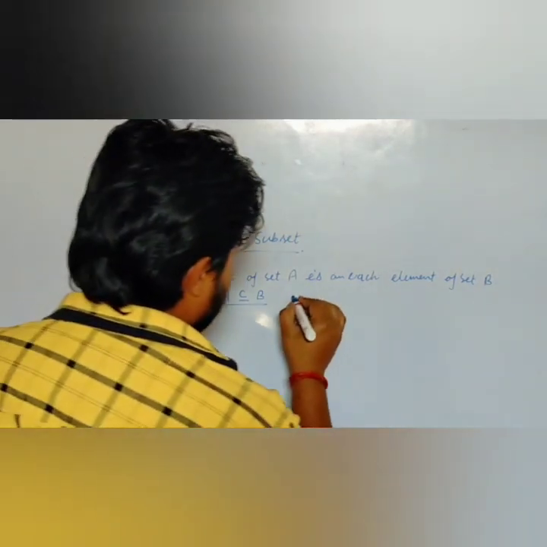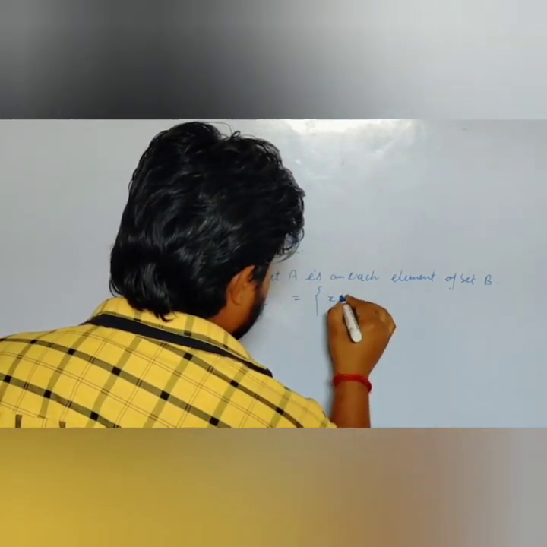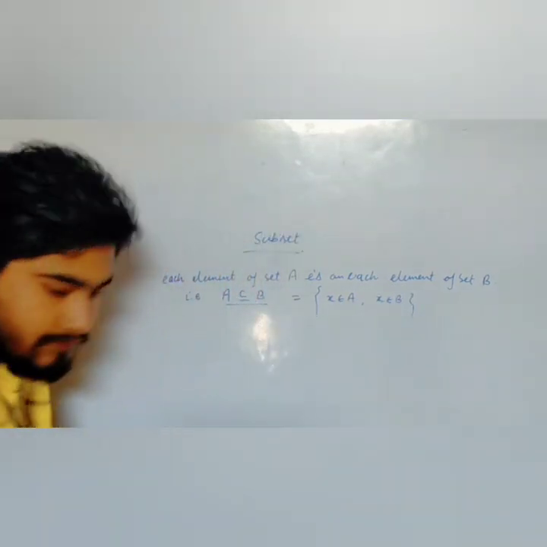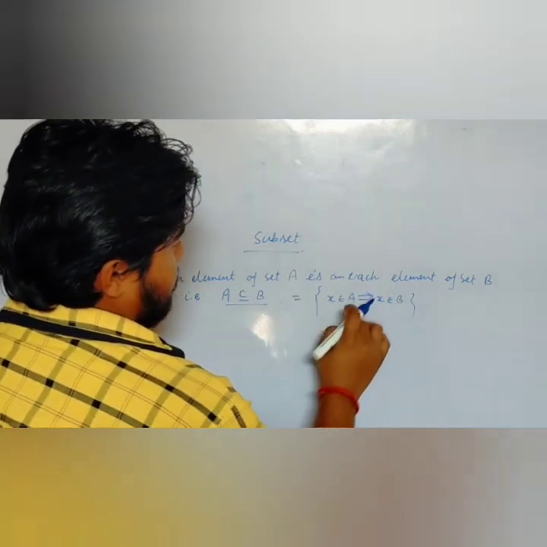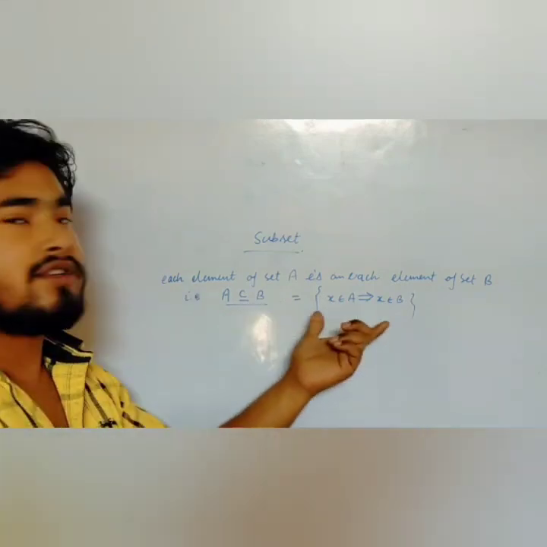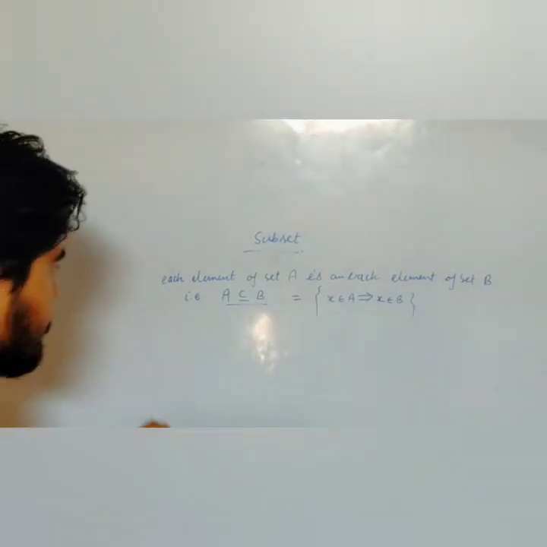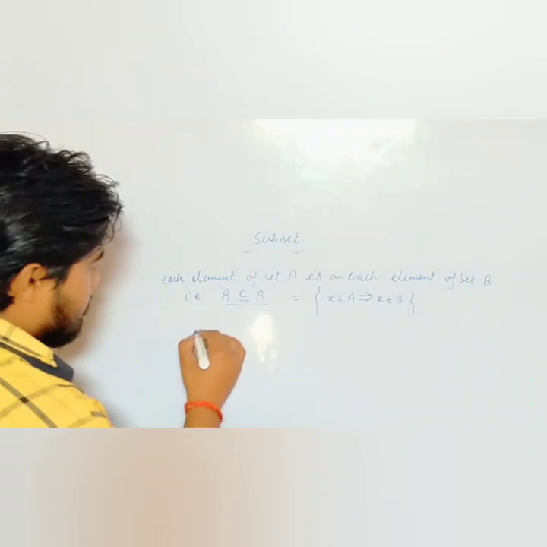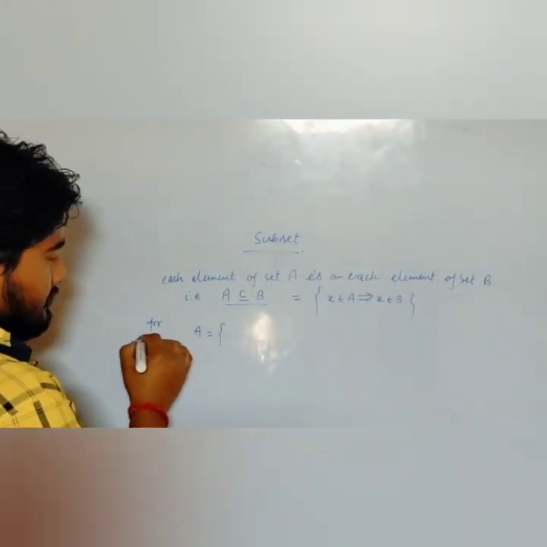Examples. So each element of set A is in each element of set B, so A is the subset of B. For an example, we can understand this.